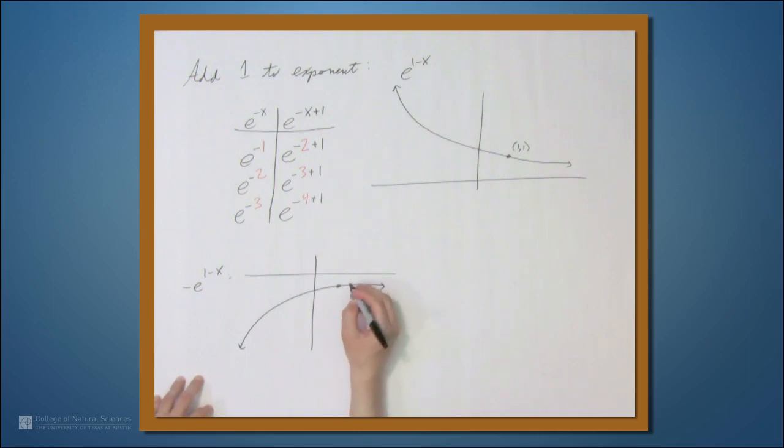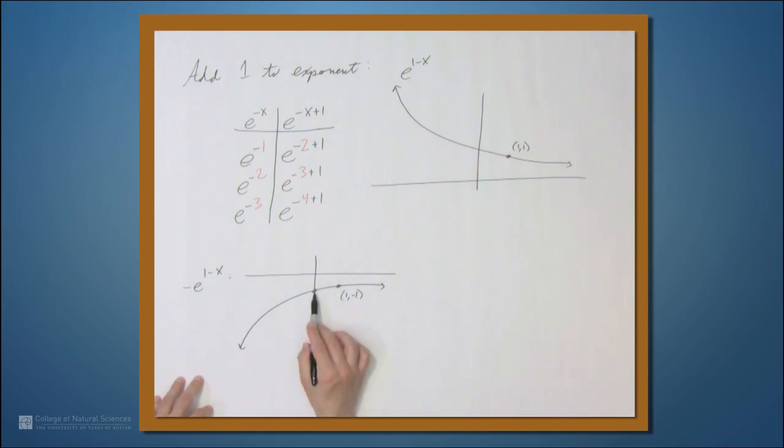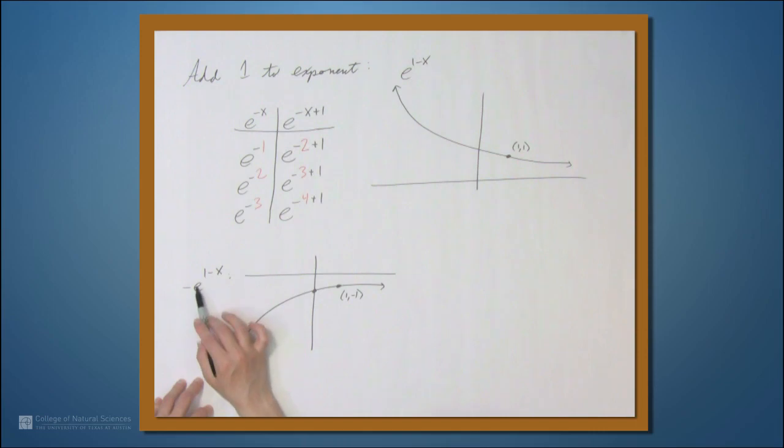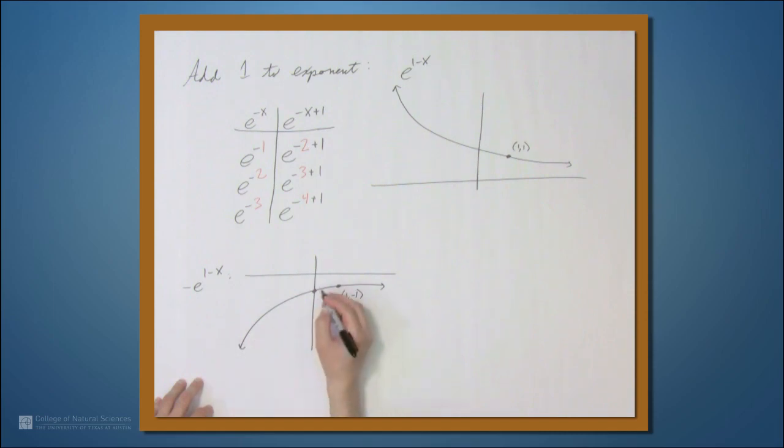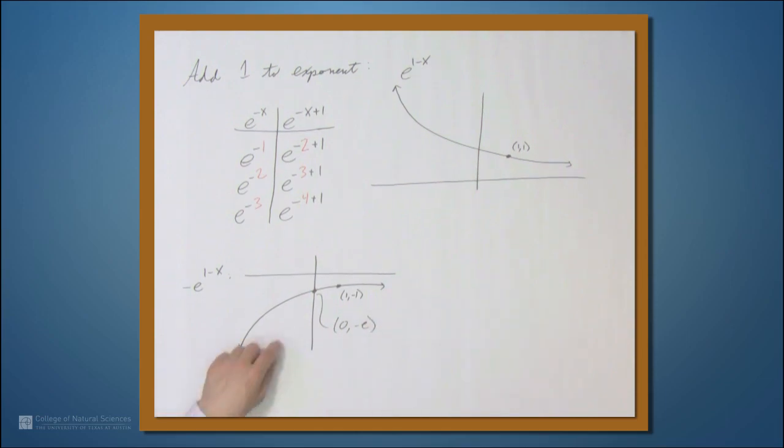So this is now 1, negative 1. And the only other point of potential interest is this guy, the new y-intercept. What happens when we plug in x equals 0? We get e to the 1 minus 0, which is just e to the 1. So we get negative e to the 1, which is negative e. So this point here is 0, negative e. And this is our graph.